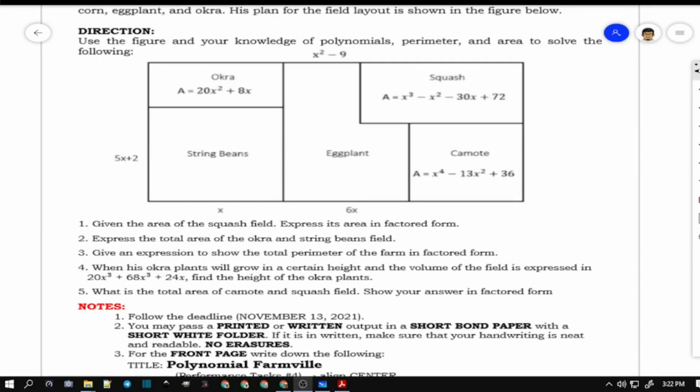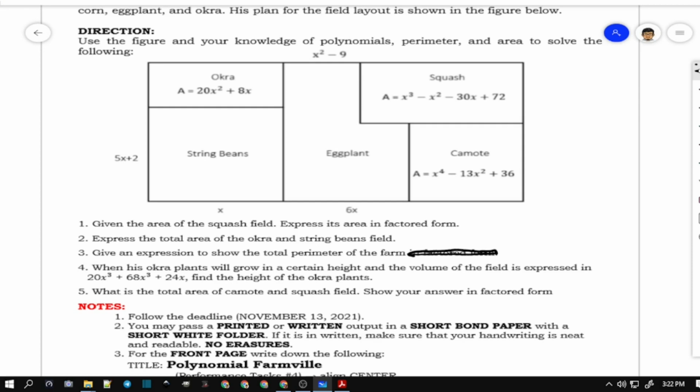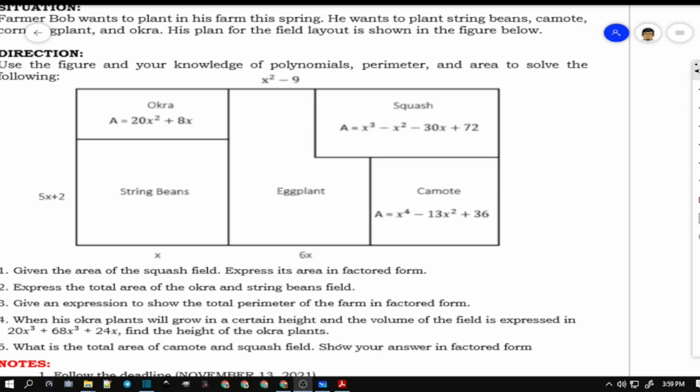For number 3, give an expression to show the total perimeter of the farm. We will remove the factored form because it is a bit complicated, so that there is less to find. This is how we will show the total perimeter of the farm.